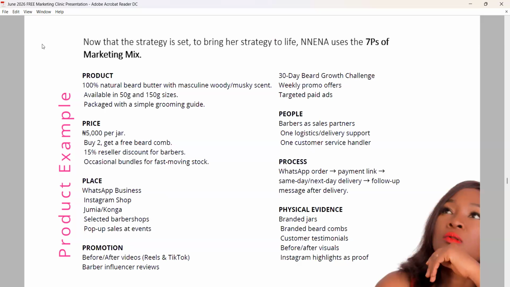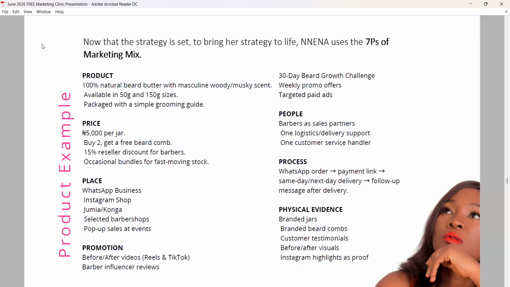You can see her product. Think about your own product. Price, 5,000 naira per jar. If you buy 2, you get a free beard comb. 15% reseller discount for barbers and salon owners. Occasional bundles for fast-moving stock.